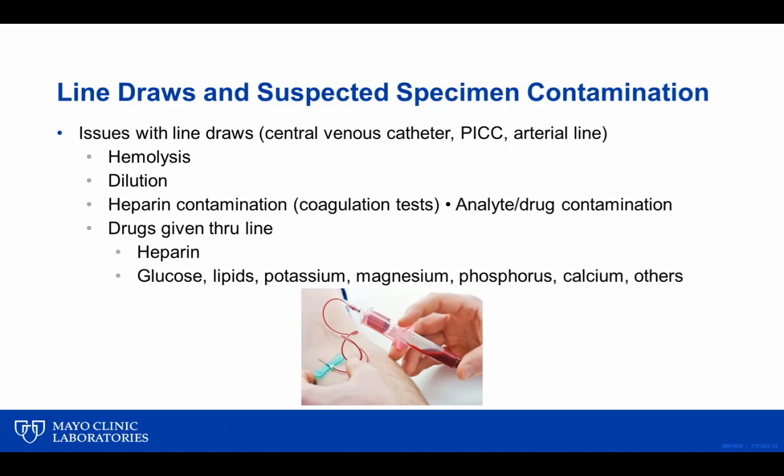They can cause hemolysis by taking the blood out of the line too quickly, usually with a syringe. It can dilute the blood with IV solutions, so the concentration of everything that's measured would be affected. And then we can also obtain the drug that we're trying to measure. So for therapeutic drug monitoring or heparin, anti-10A or APTT, the heparin that's in that line can cause an interference essentially.